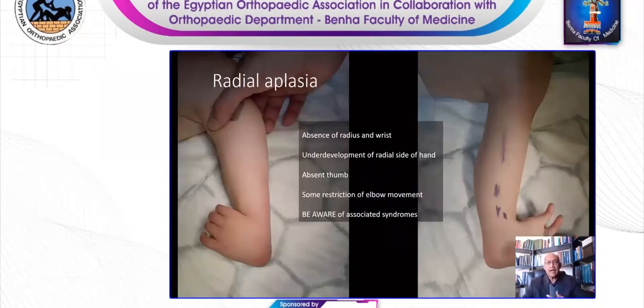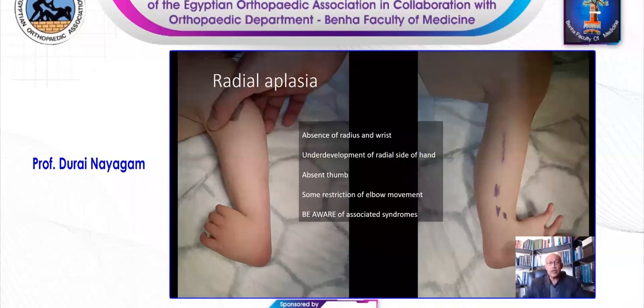And here we will combine the technique of gradual wrist centralization with augmentation using internal fixation. This is an 18-month-old boy with a unilateral radial club hand or radial aplasia. As you can see from the clinical photographs, there is an absent thumb. The entire upper limb is shortened, and if you were to examine the child, in addition to absent or very little wrist movement, there will be some restriction of elbow flexion, as these children often have flexion to only 90 degrees.